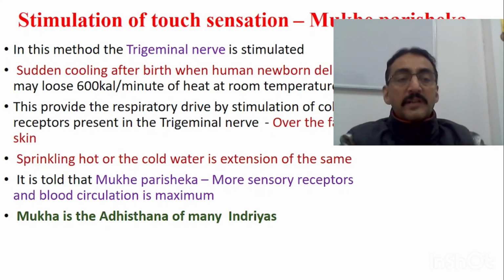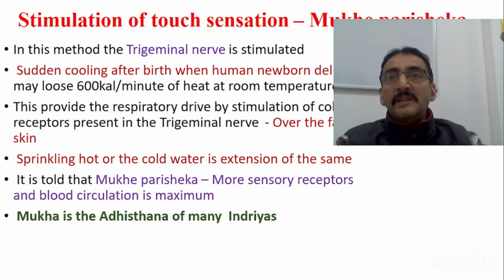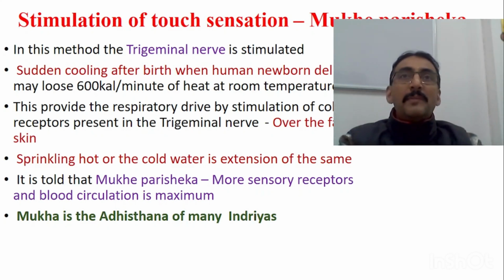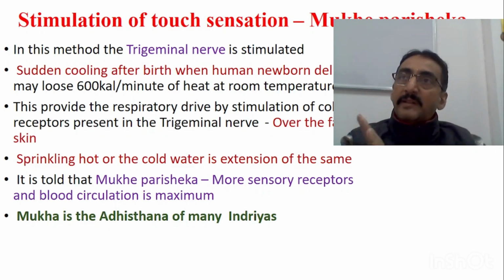Mukha is the adhisthana of many indriyas: where the ear is present, where the eyes are present, where touch is also present, smell is also present, taste is also present. So maybe with this idea, they would have told Mukhe Parisheka. Anyway, this is very simple. This is another effort of stimulating the breathing by sensory stimulation of touch.